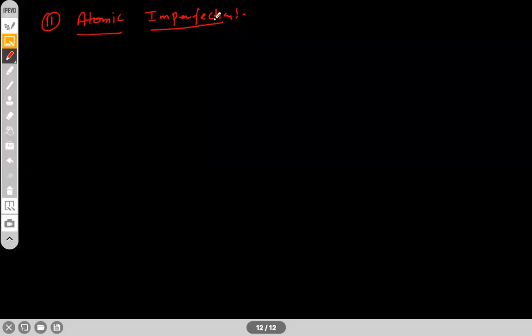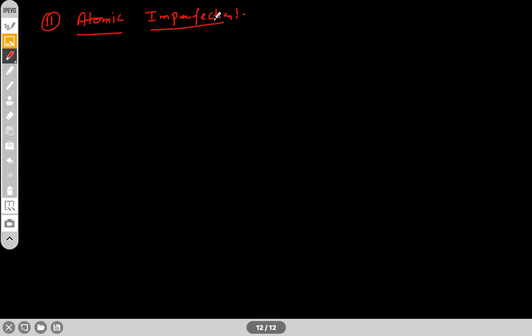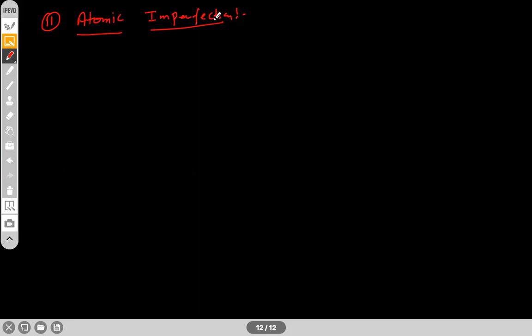Now, this kind of imperfection has different types, like defects in stoichiometric crystal and defects in non-stoichiometric crystal. There are 3 types of atomic imperfection. All these types are not important. Write down first.